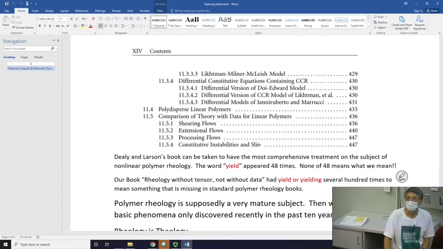The mainstream rheologists in the community today still find it unfamiliar, if not objectionable, concerning this concept of yield.